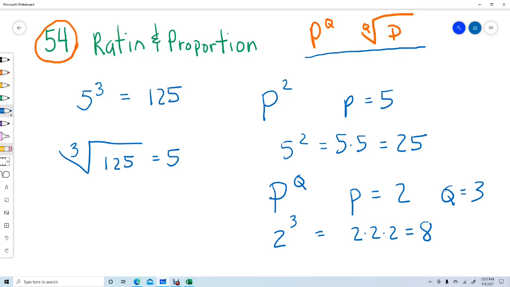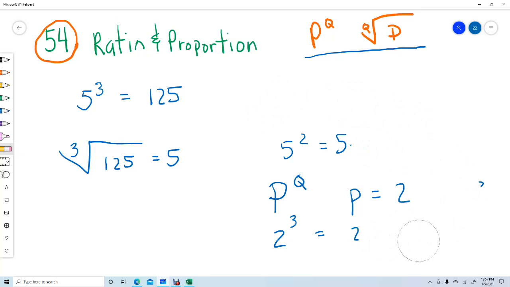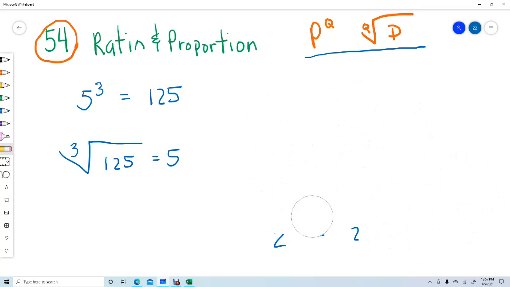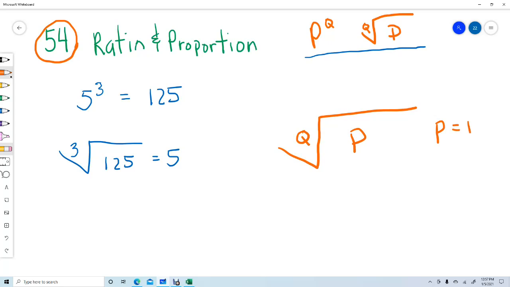All right, so I'll do one of the radicals with 2 variables. I think you get the idea. So they might give you something like the q root of p, where p equals 1,000 and q might equal 10.